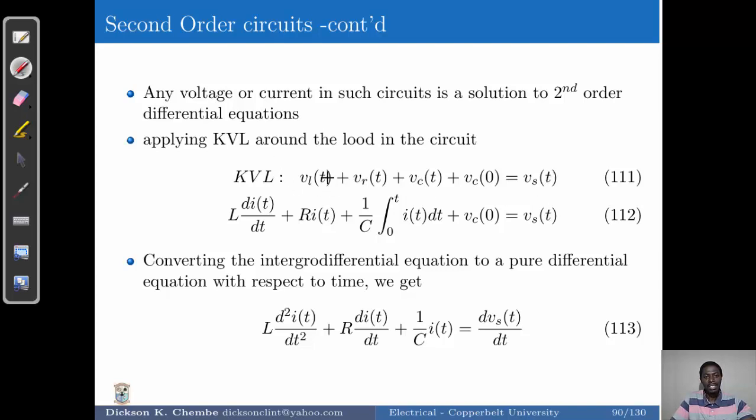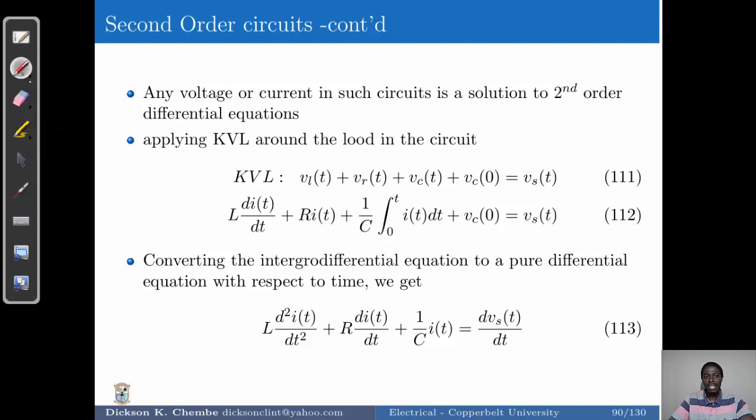In terms of integro-differential equations, the inductor voltage is L di(t)/dt, plus the voltage across the resistor, plus the voltage across the capacitor, which is 1 over C times the integral from 0 to t of i(t) dt, plus the initial value of the capacitor, and this should give us the source value at t.